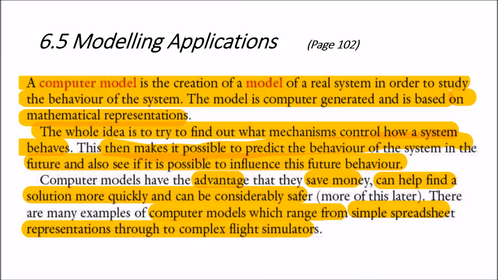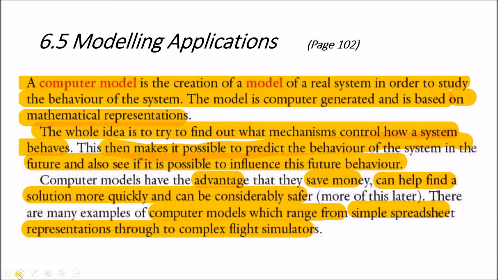Computer models have advantages. One of these advantages is to save money. It can help find solutions more quickly and it can be considerably safer. There are many examples of computer models, which can range from simple spreadsheet representations through to complex flight simulators.